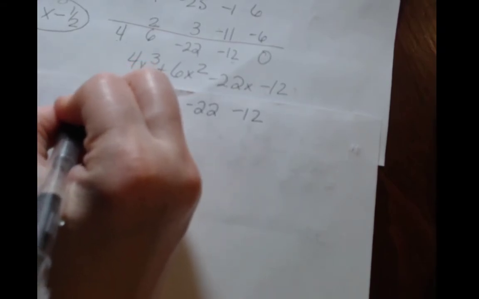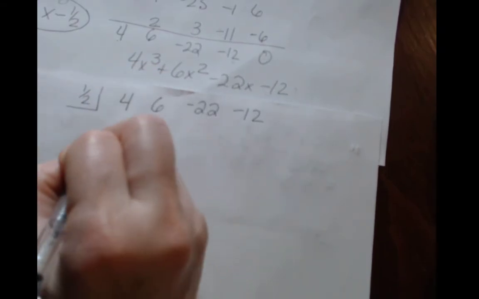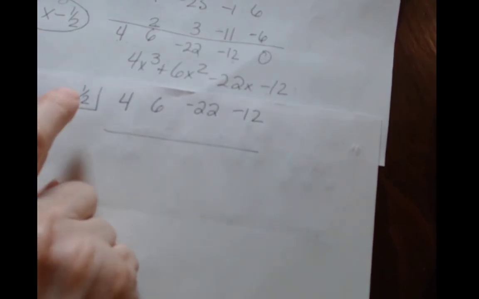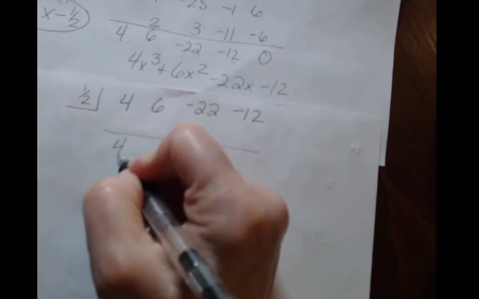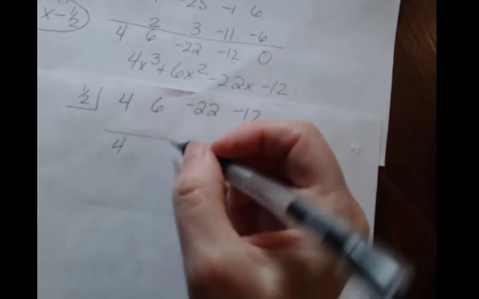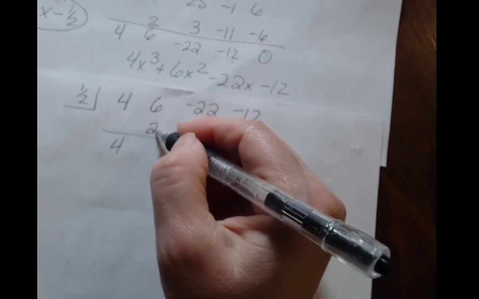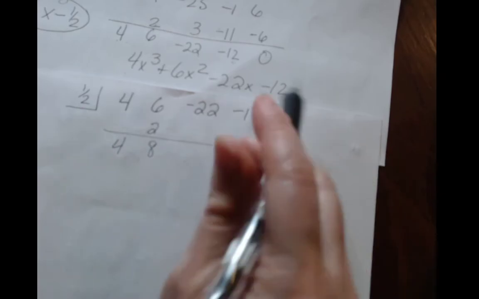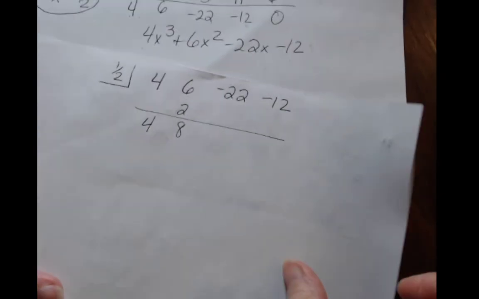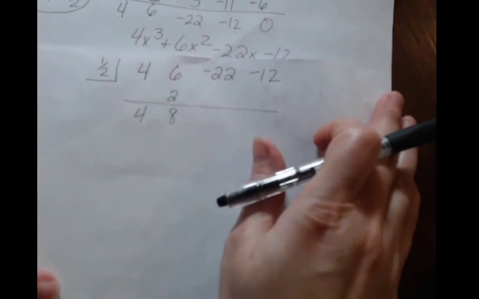We can check that right now to see if 1/2 will work again. Remember, that would mean that 1/2 has a multiplicity of 2. 4, half of 4 is 2. 6 plus 2 is 8. Half, I didn't write that right. I was thinking of the 25 we had earlier. We don't have a 25 anymore.